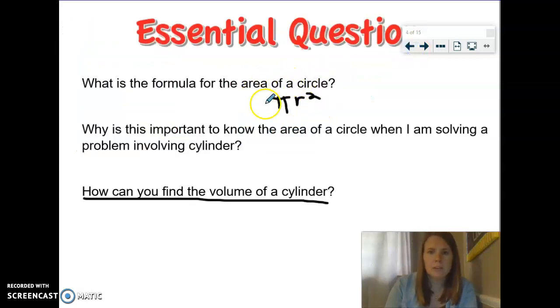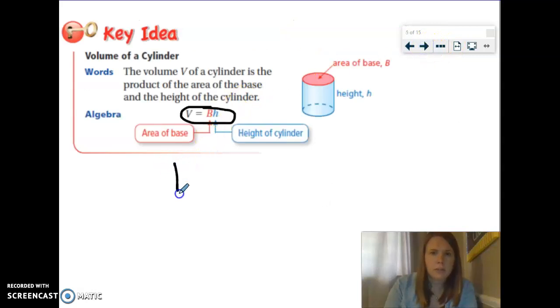We said the area of a circle is pi r squared. So all I'm going to do is rewrite this a little bit. Volume equals, and instead of putting base, I'm going to put that formula for the area of a circle, pi r squared. And then I'm going to multiply it by the height. So it's going to be pi r squared h. And that's all this is, okay?